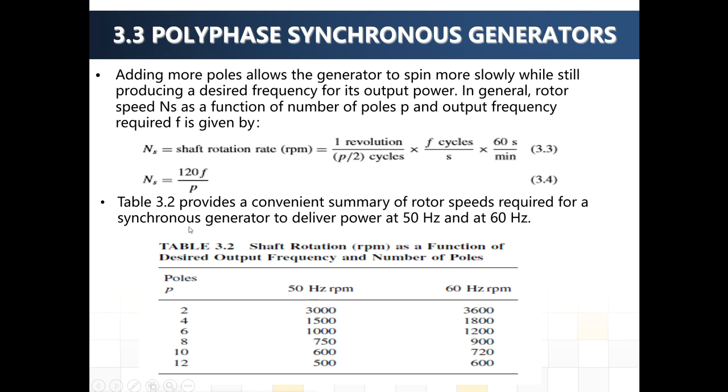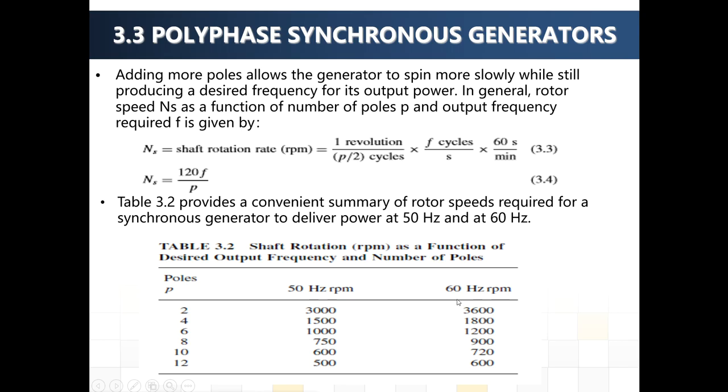So table 3.2 provides a summary of the rotor speed required for a single generator to deliver power at 50 Hz or at 60 Hz. If we have a two-pole generator, the rotating speed to generate 50 Hz is 3,000 revolutions per minute.